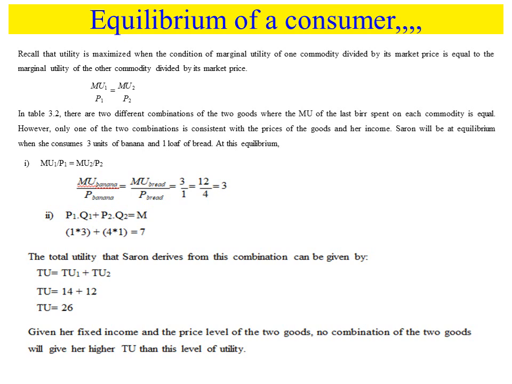At this quantity, what about total utility? We will see directly from our table. The total utility that Sharon derived from this combination can be given by total utility 1 plus total utility 2.